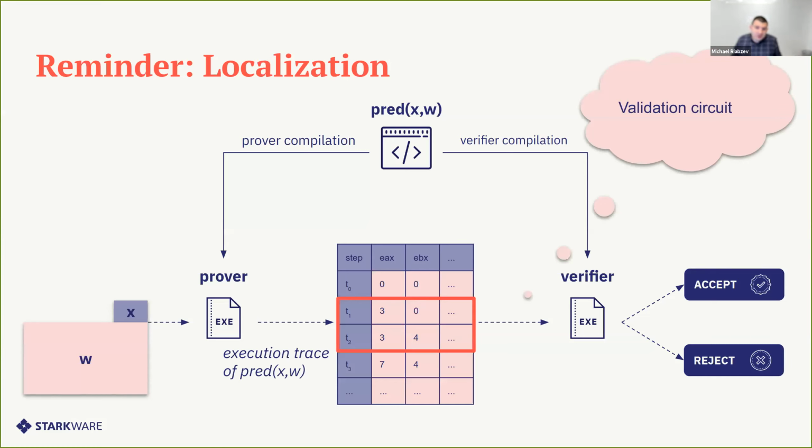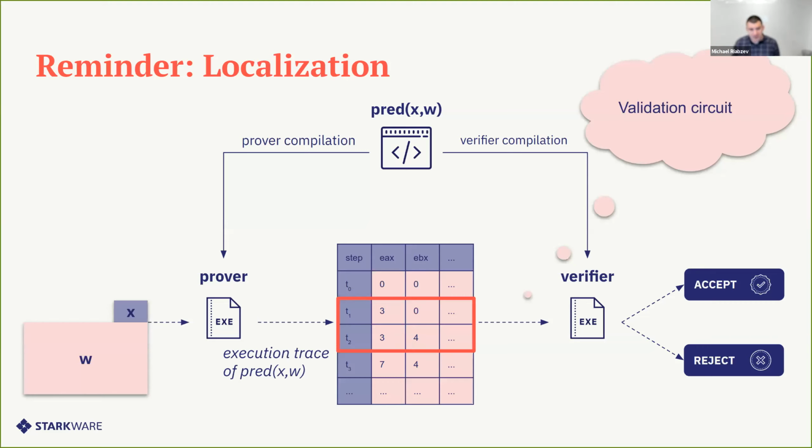And what is the CPU? The CPU is actually a circuit. So the idea that we will do, we will arithmetize this circuit, this transition function circuit, right? The CPU is not a circuit of the entire program as done in other cases, in other proof systems such as the Snark, etc. Here the circuit is only the transition function from step to step, and we will arithmetize it, and the trace should be arithmetized as well.